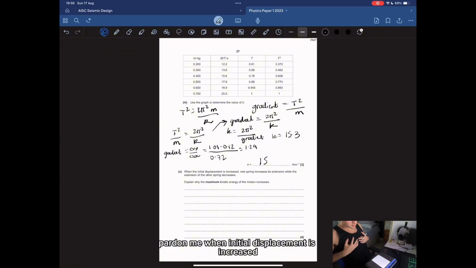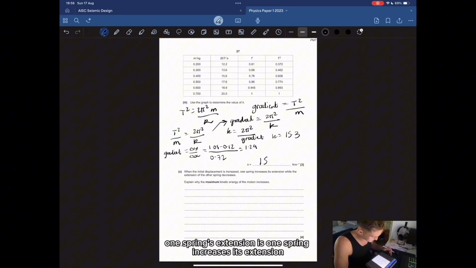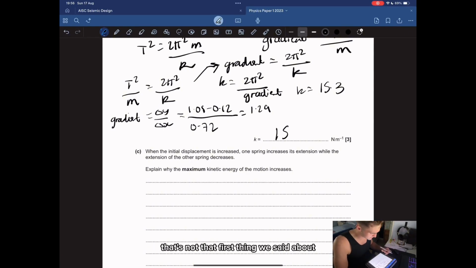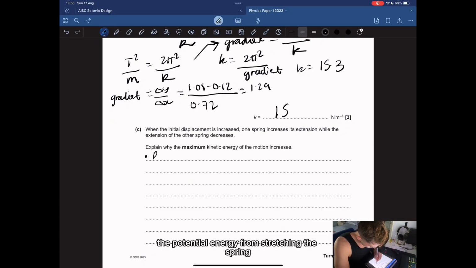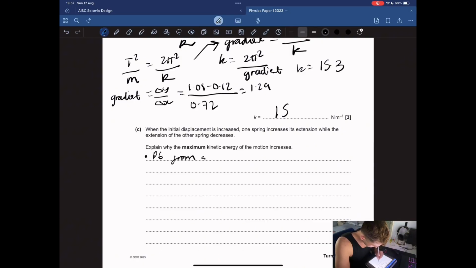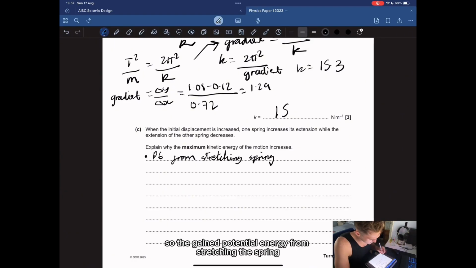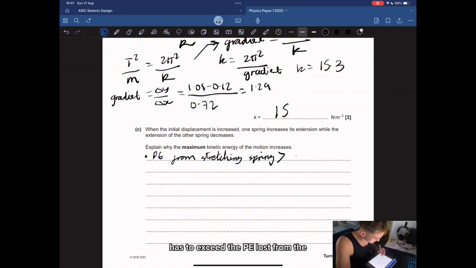When the initial displacement is increased, one spring increases its extension while the extension of the other spring decreases. That's like that first thing we said. Why is the kinetic energy of the motion increased? The first thing I'll say is the gained potential energy from stretching the spring has to exceed the PE lost from the slack spring.